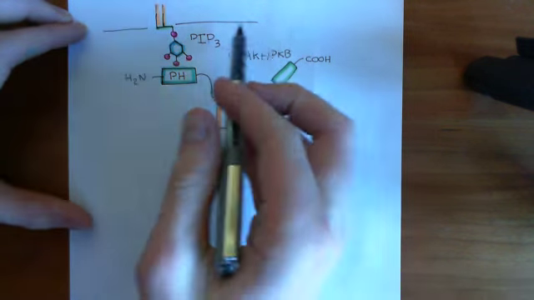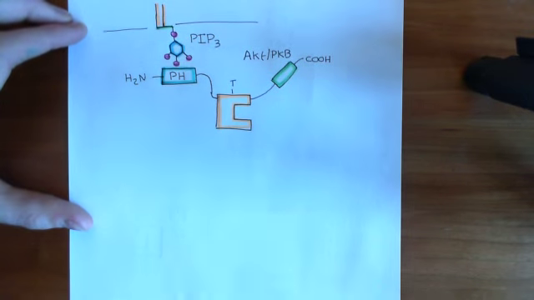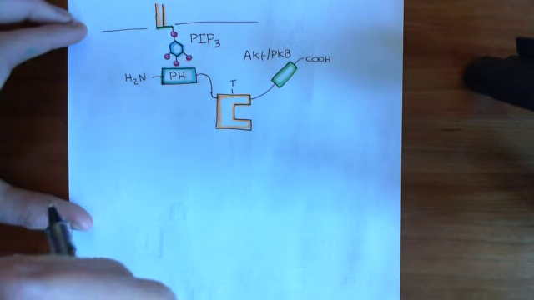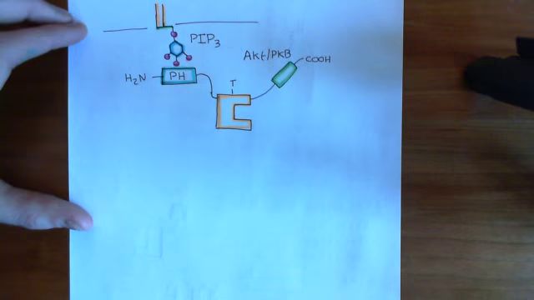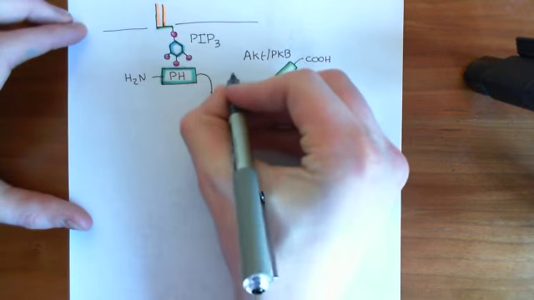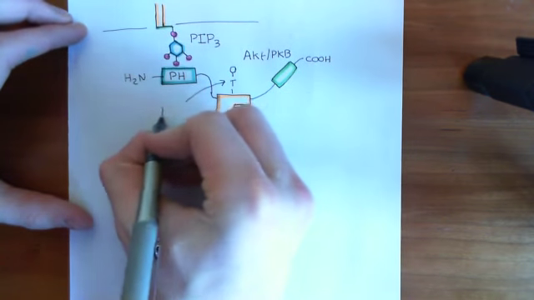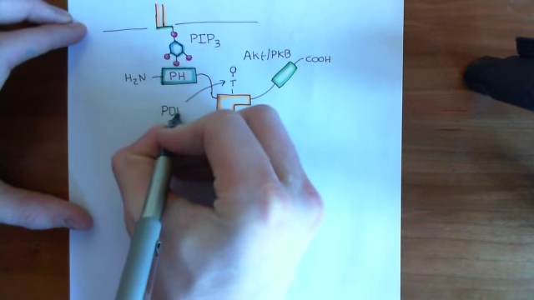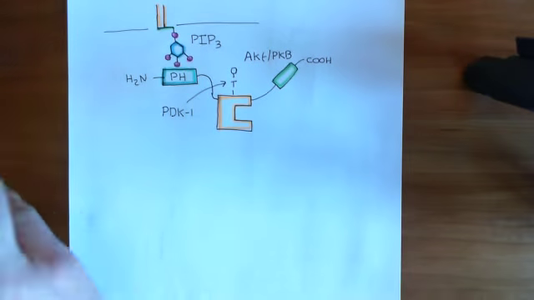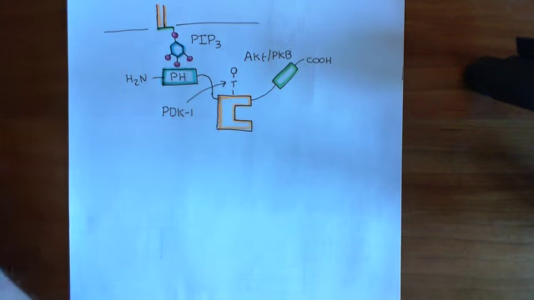It is instead that the substrate, the AKT enzyme, undergoes a conformational change when it binds to PIP3, and then that becomes a target for the already active phosphoinositide-dependent kinase 1. So PDK1 is going to stick a phosphate group onto the threonine within the catalytic domain of the AKT enzyme.